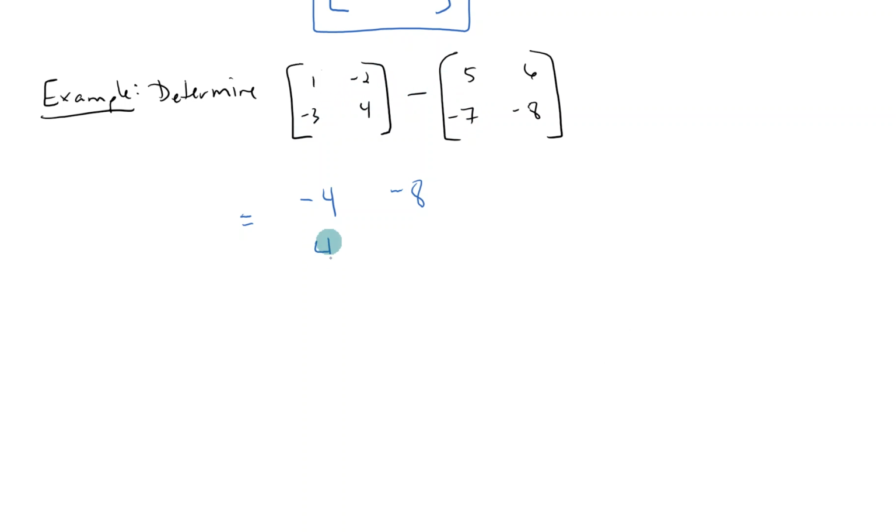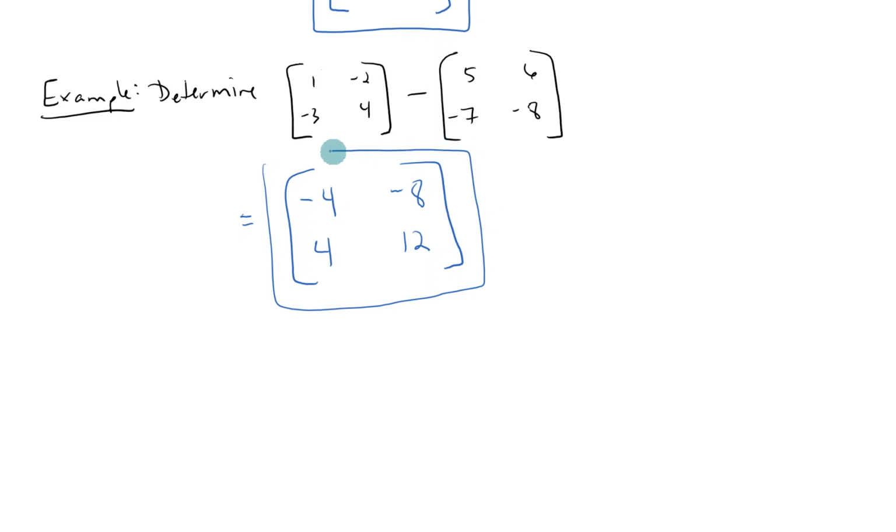And that's going to be our second row, first column. And finally, we have 4 minus negative 8, which is the same as 4 plus 8, and that is 12. So we end up with another 2 by 2 matrix where the entries come from subtracting corresponding entries of the original matrices.